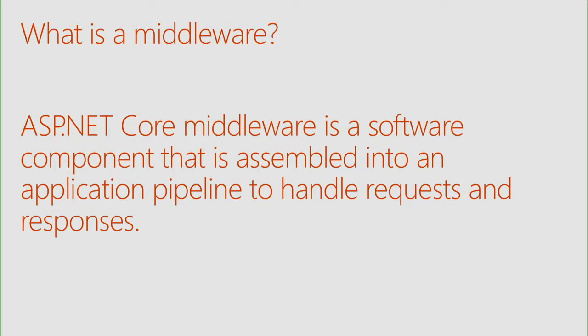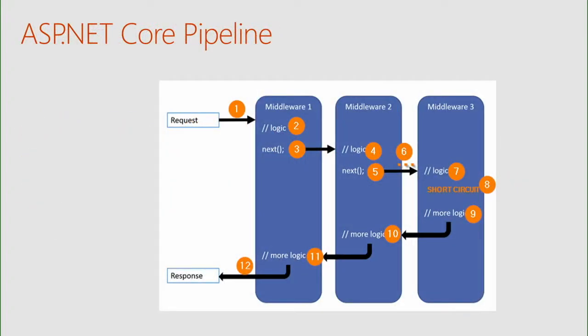So let me start with the basic concept, which is middleware. ASP.NET Core middleware is a software component that is assembled into the application pipeline to handle requests and responses. Let me explain with this illustration. First we have a client that sends a request, and we have the first middleware. The first middleware will do some logic, and it has a next method which will point to the next middleware, and the next middleware will do some logic, and as well it has a next method.